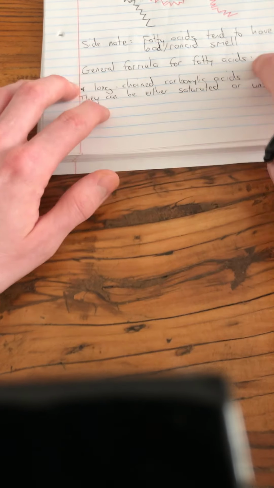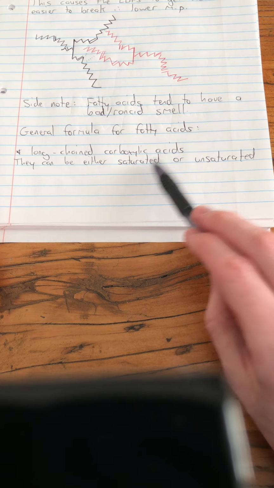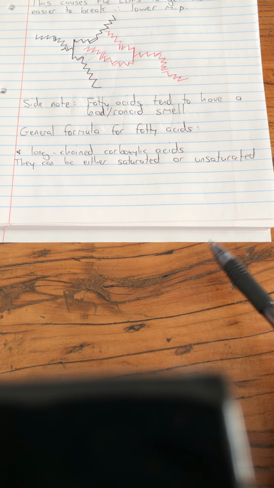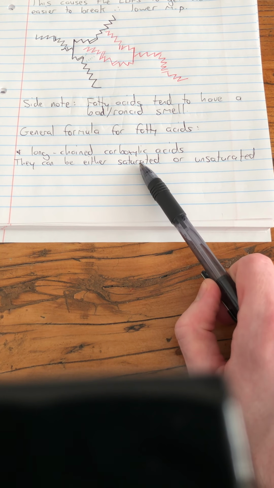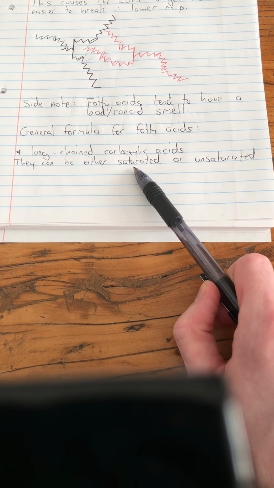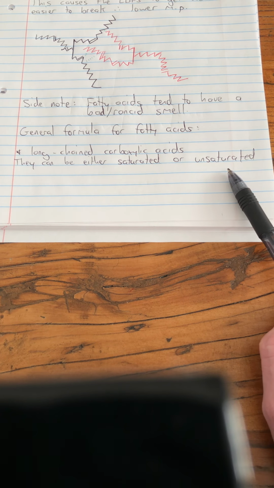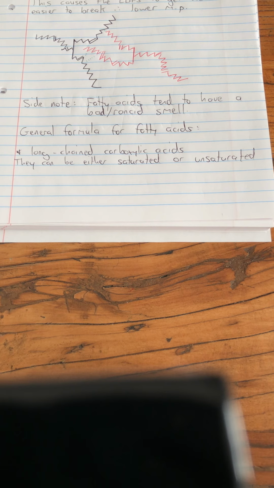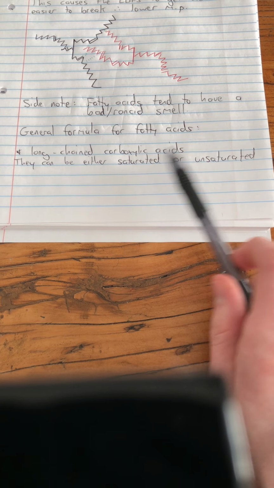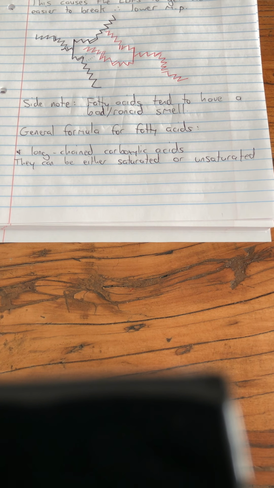Depending on which one they are determines whether you get a fat or an oil. If we use saturated fatty acids, you're going to get a fat. If we use unsaturated fatty acids, you are going to get an oil. That's because unsaturated fatty acids contain carbon-to-carbon double bonds that cause kinks in the oil molecule. That doesn't allow oil molecules to pack together, so weaker LDFs, easier to break, lower melting point. So depending on what type of fatty acid we use determines whether we get a fat or an oil.